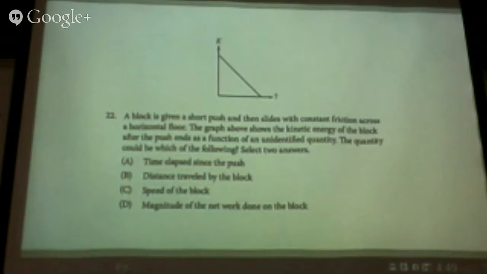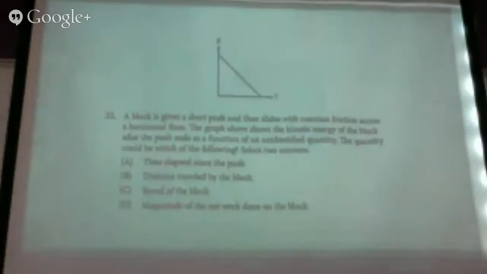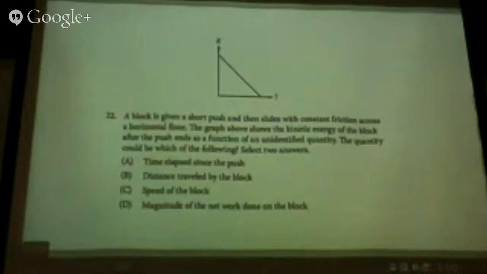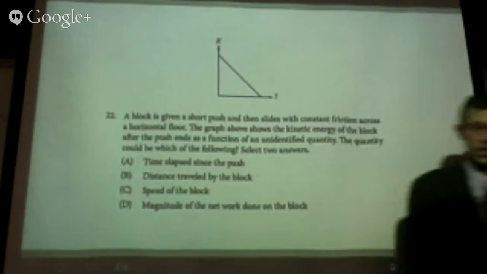Well, work is equal to force times distance, or another equation we had for work was change in energy. Ooh, kinetic energy, that's energy. As we do more and more work on this, that work that we're doing, it turns out is negative work because our kinetic energy is decreasing. But we're just looking at the magnitude of the net work.